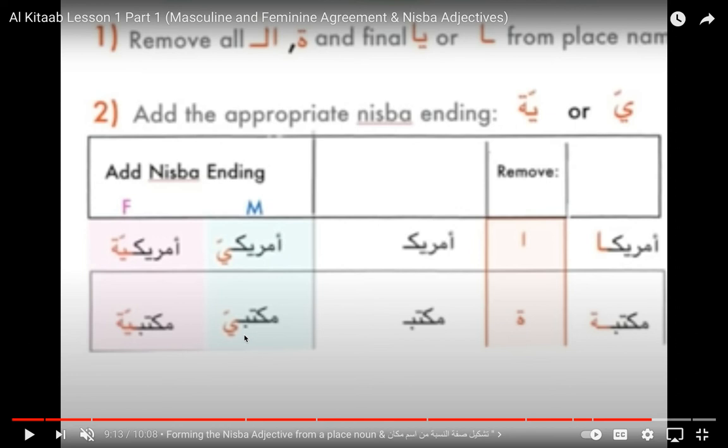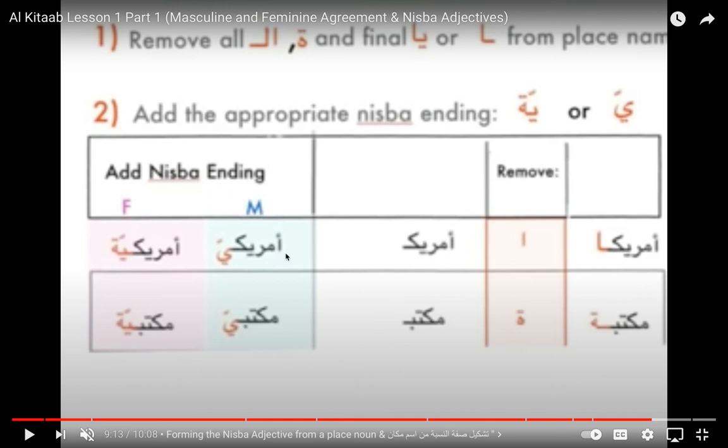Be careful here. This is very important because we have another ya for another role, and I'm not going to use it now, so you won't be confused. Here we are talking about adding a ya with the shadda when we are talking about nisba, okay?